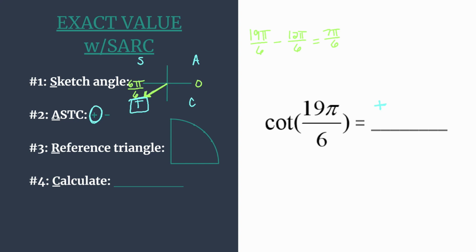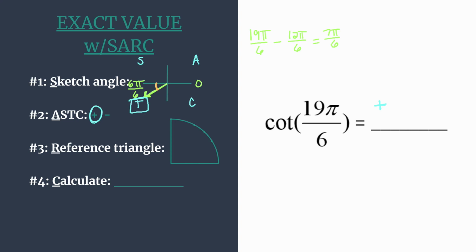Okay, so now we're on to the R, step 3. Let's find the reference angle so that we can get our special right triangle and coordinates. The reference angle we actually talked about without calling it that. It's just the amount of rotation between the angle's terminal side and the x-axis. From pi, or 6 pi over 6, to get to 7 pi over 6, that's just 1 pi over 6.